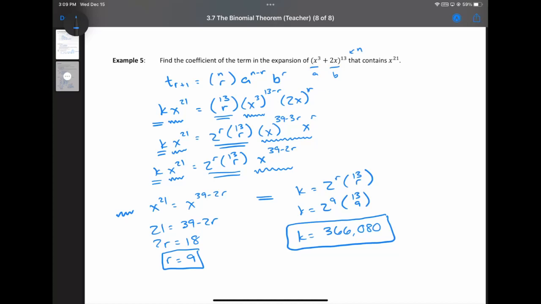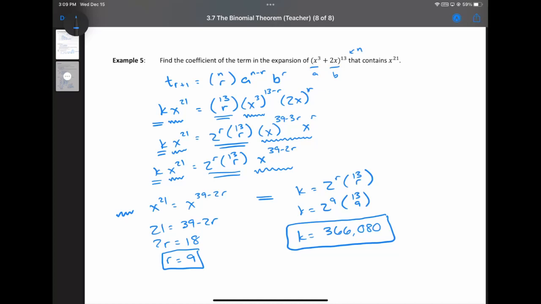Please do be careful on a test if I ask a question like this, because I could ask a very, very similar question, but in a few different ways. So I could, like I did here, say what is the coefficient of the term that contains x to the 21, in which case our answer is k. I could ask what is the term containing x to the 21, which is actually 366,080 x to the 21, not just the coefficient, but the whole term itself.